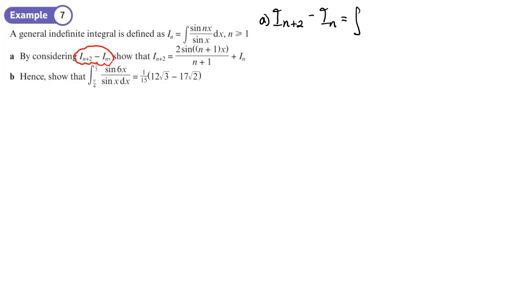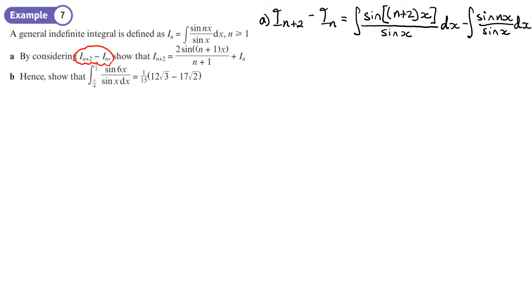Well, it's going to be the integral of sine, and we'll replace n with n plus 2, like this, over sine x dx, minus the integral of sine nx over sine x dx.